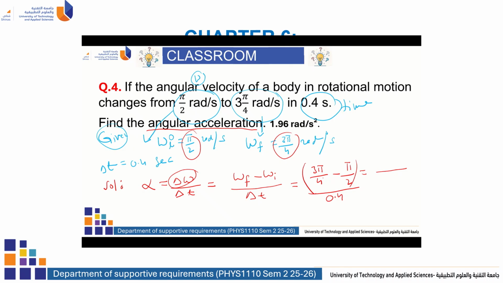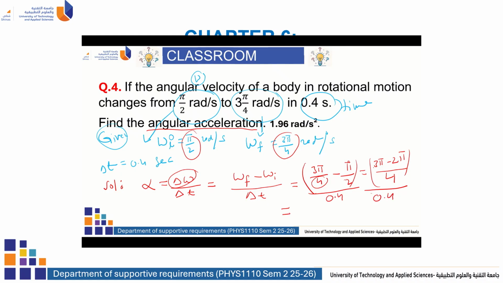If I take the LCM of this and this, the LCM will be 4. So 3 pi, then 4 divided by 2 is 2, multiplied by pi, minus 2 pi, and divide by 0.4.